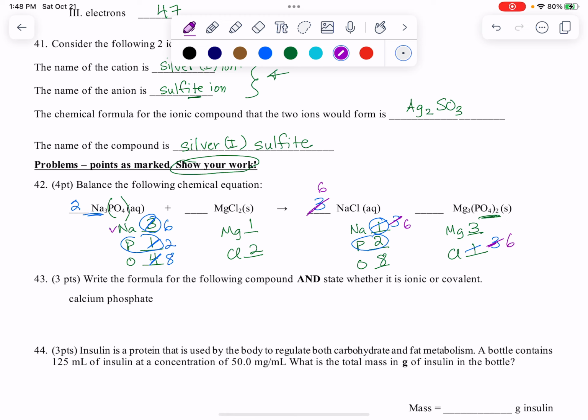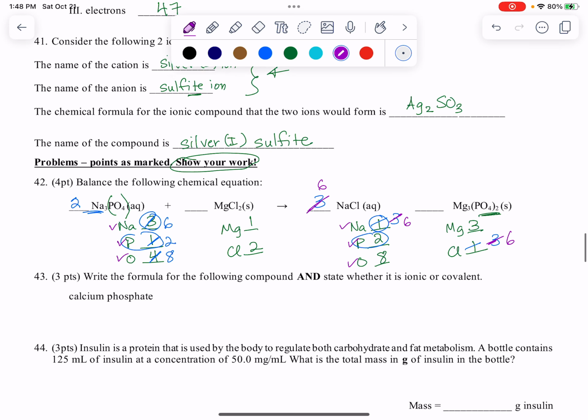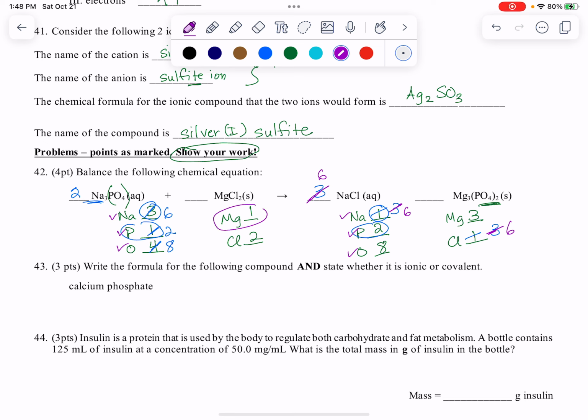So my sodiums I have refixed. My phosphoruses are good. What about my oxygens? My oxygens are good. Let's go on to magnesium. I have 1 magnesium on the left, 3 on the right. So if I put a 3 there, that gets me 3, which gets me 6 chlorines, which, hallelujah, bam. There is a 1 here, but I don't have to show it. I can leave that blank.